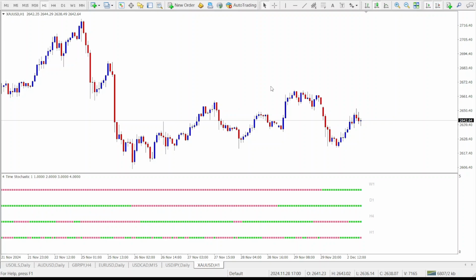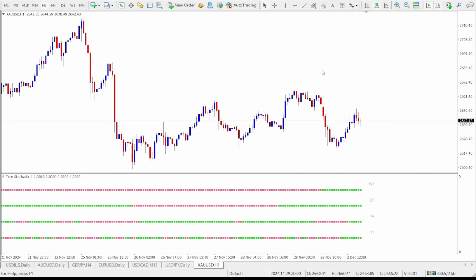Basically, this indicator is quite straightforward. What it does is leverage the concept of the traditional stochastic oscillator. But this indicator does not exactly display overbought and oversold levels.